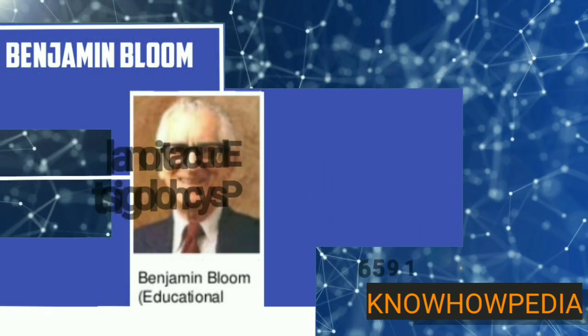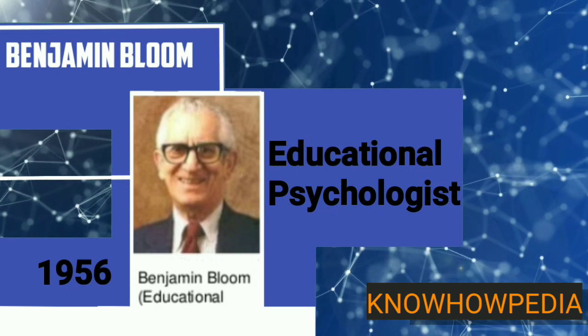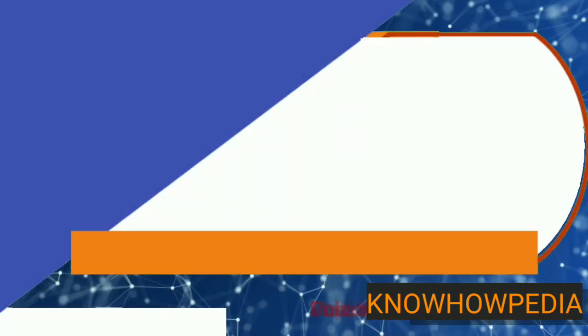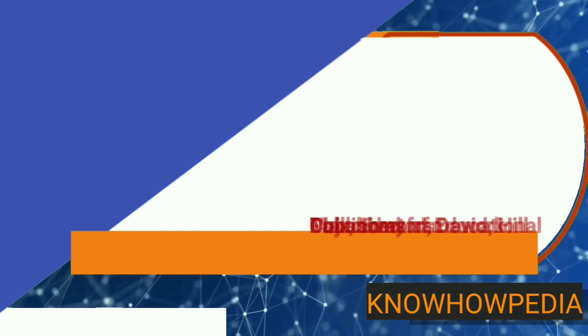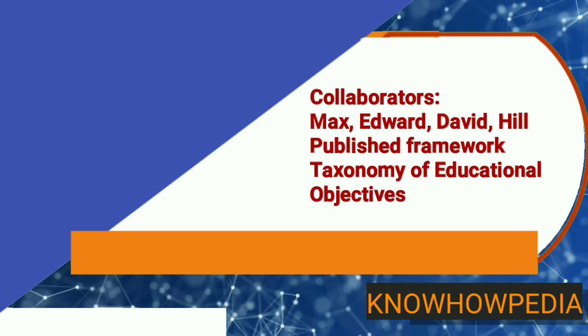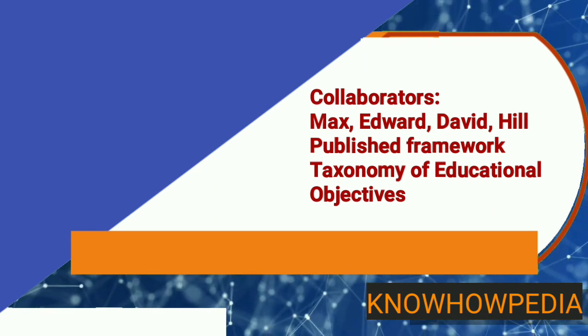Bloom's taxonomy framework was developed by Benjamin Bloom in 1956. He, with his collaborators Max, Edward, Hill, David, published a framework called Taxonomy of Educational Objectives.